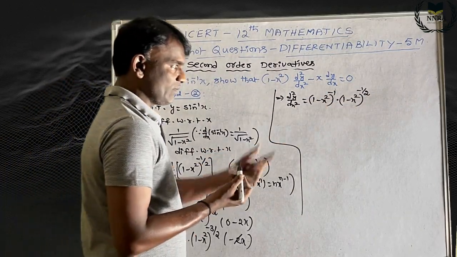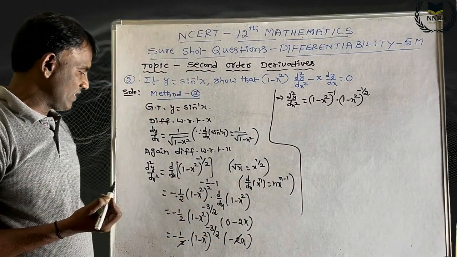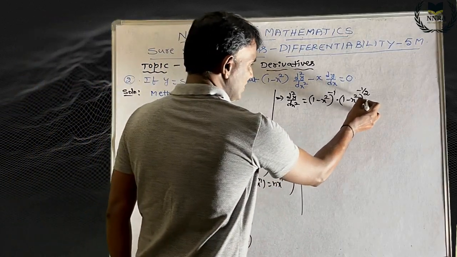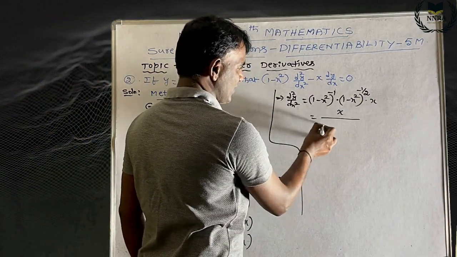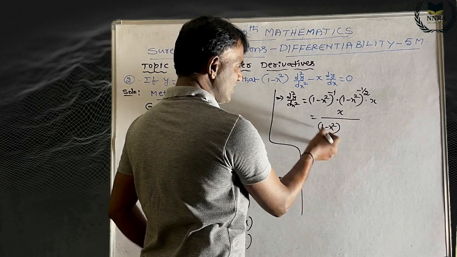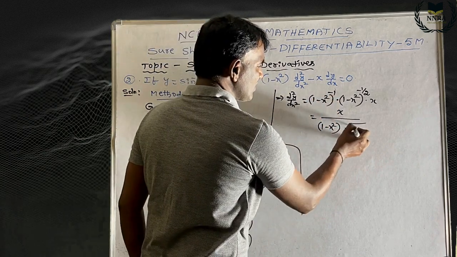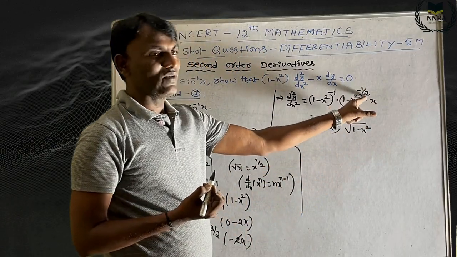Clear? Now write both the values in the denominator. And other than that, what is the value here? x. So write here into x. Now the same value can be written as x by 1 minus x square, I mean this term. And this can be written as root of 1 minus x square. Why? Because 1 minus x square whole power 1 by 2.